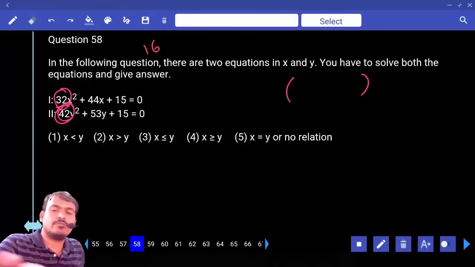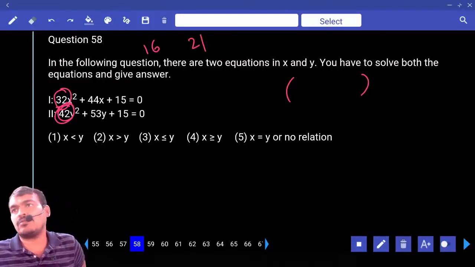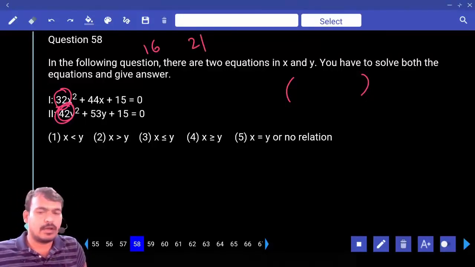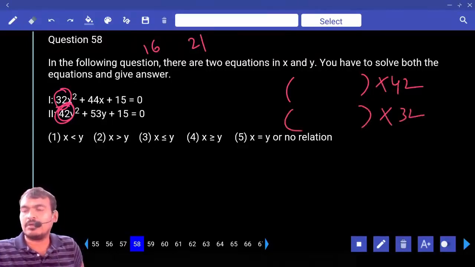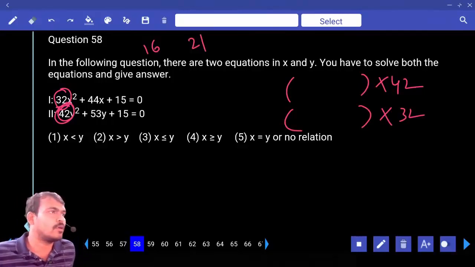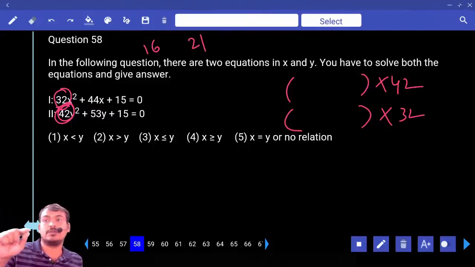Half of 42? 21, or not. 2 into 16 into 21 would be the LCM value. Compared to that, if x roots are multiplied by 42 and y roots are multiplied by 32, it is easier, or not. If you take the LCM, again we require 2 into 16 into 21.